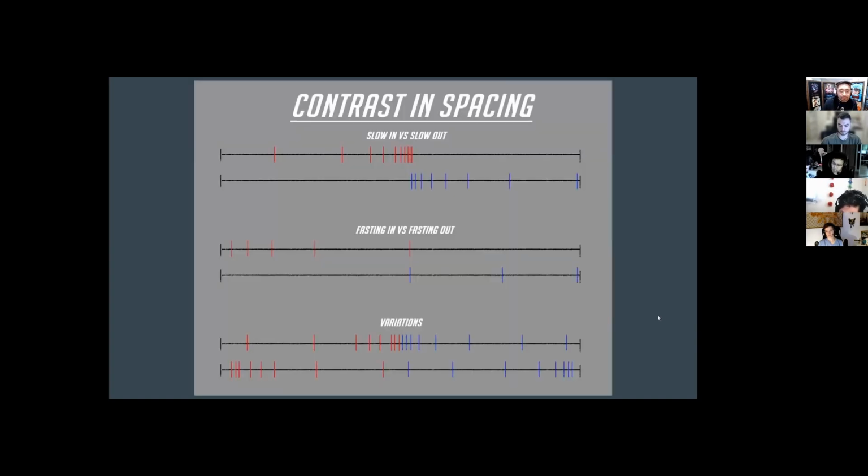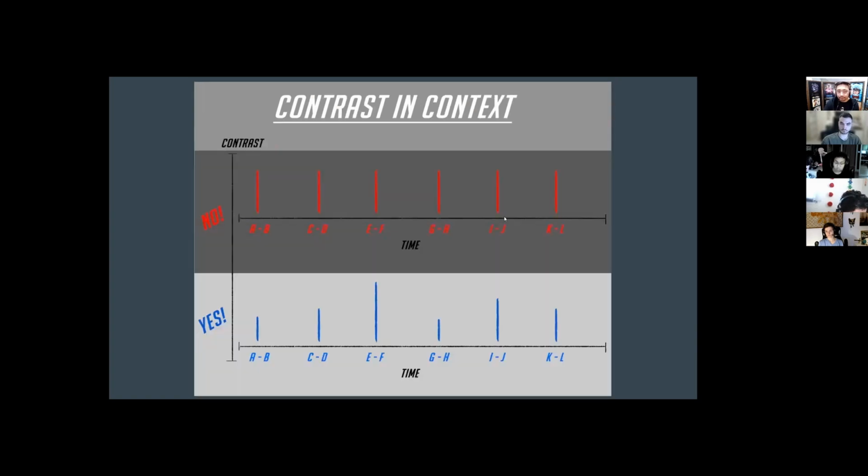A contrast in spacing, right? And this goes back to the principle of normal spacing. We are slowing into this movement and slowing out of this movement, or fasting into this movement and fasting out of that movement, and the variations that happen within those two. It could be any varying degree of those.